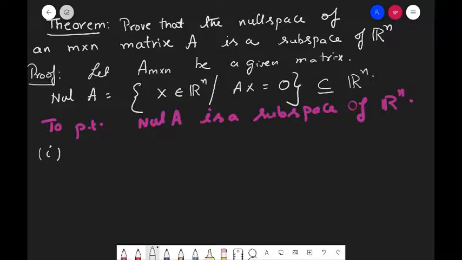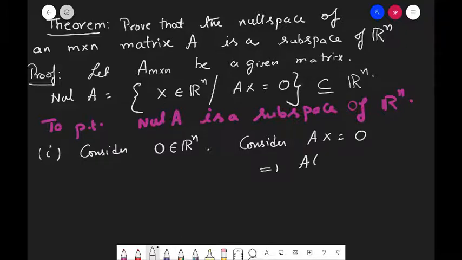So let us consider 0 belongs to Rn. Then when will it be there in null A? It should satisfy the equation Ax is equal to 0. So consider A into 0, which is also equal to 0.